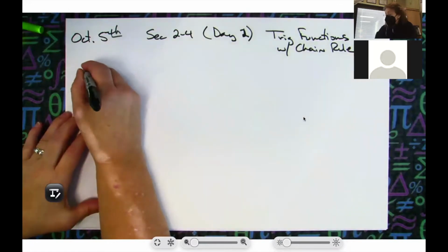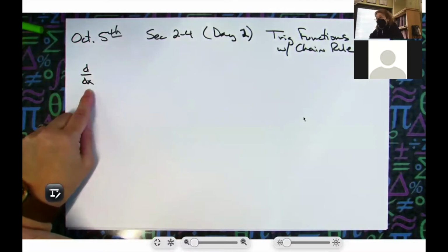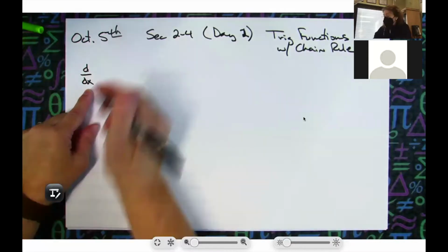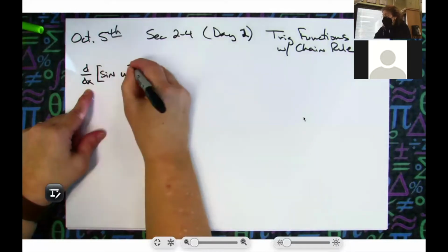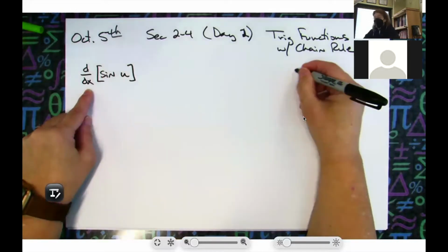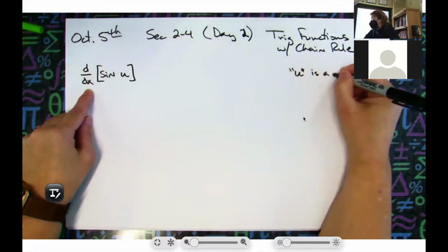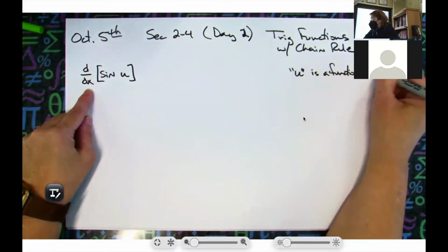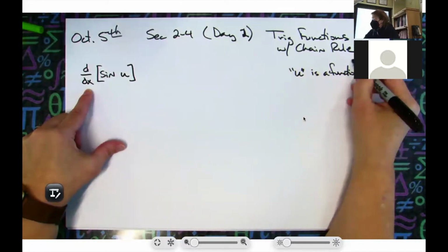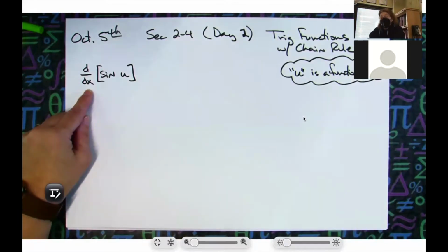Okay, so let's say we had a d dx, and yes, I am taking the derivative with respect to x, of a sine u. And then over here let's write u is a function of x. All right, so in every one of these formulas, our u is a function of x.